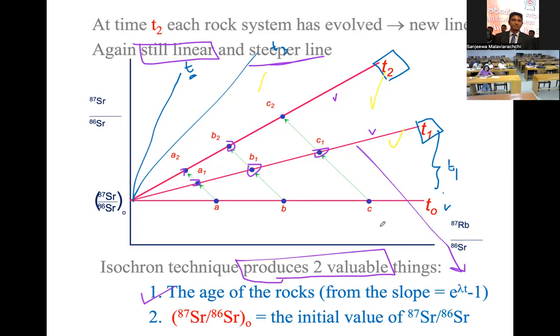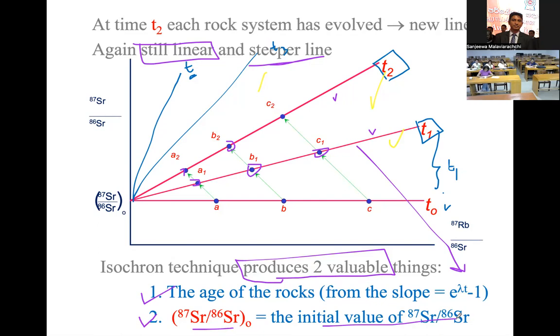You remember that because our equation was giving that parameter. And the second one, you get the original isotope ratio, the initial value of the parent, because we don't know about the parent. We don't know what magma derived this rock.